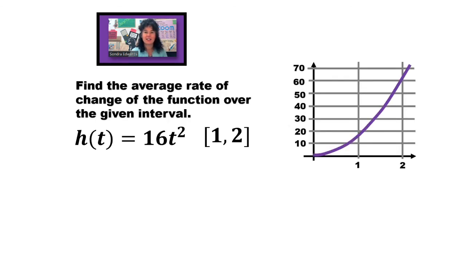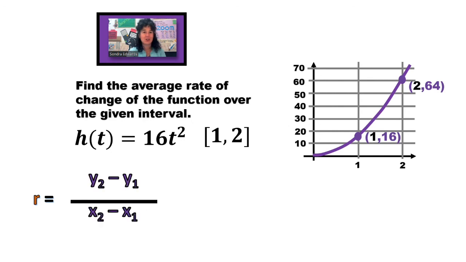So here is a graph of h of t equals 16t squared. And if we're on the interval 1 to 2, that means that we're going from x is 1 to x is 2. I substituted those numbers. And we know that average rate of change means the slope of the secant line.